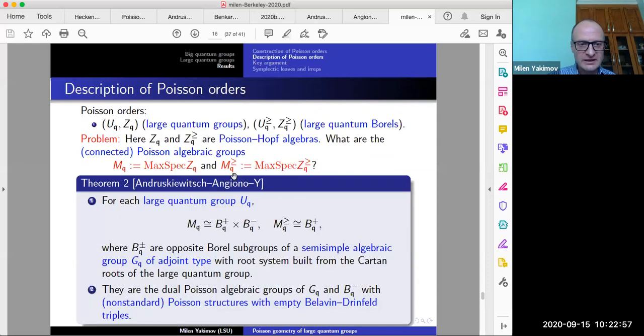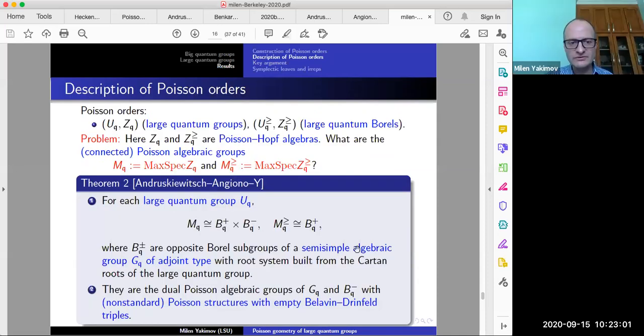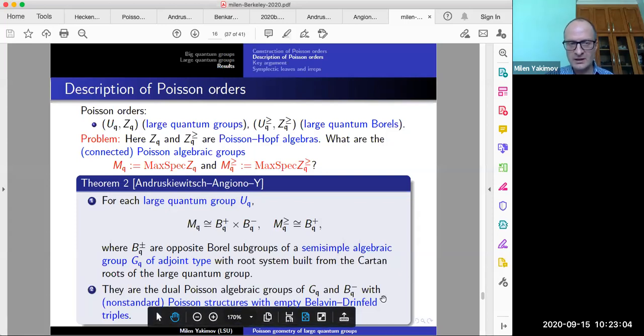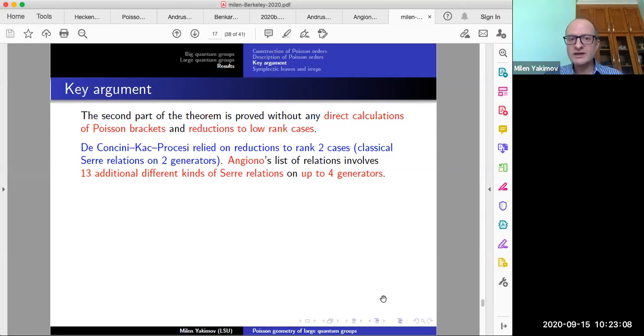So the key argument here, really the big part of the work, is how to prove this part 2 of the theorem. And it's done without any direct calculations of Poisson brackets in any reductions to low-rank cases. Just like I said, De Concini-Kac-Procesi at some point say, in order to describe the underlying Poisson group, we're just going to look at all possible Poisson brackets coming from generators that satisfy Serre relations.